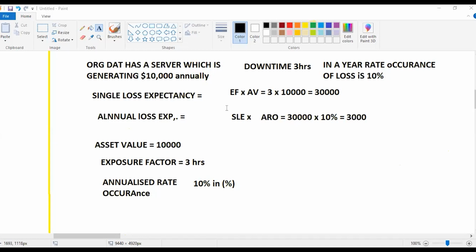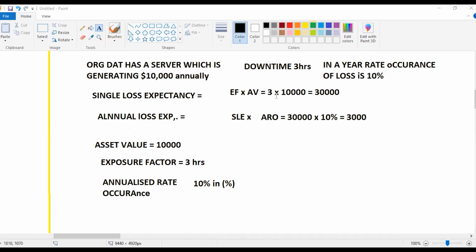Anyone having doubt here? Are we clear? Actually, this asset value is $10,000. So this single loss expectancy is 30,000. My question is, if the asset value is 10,000, how should the loss exceed 10,000, meaning 30,000?